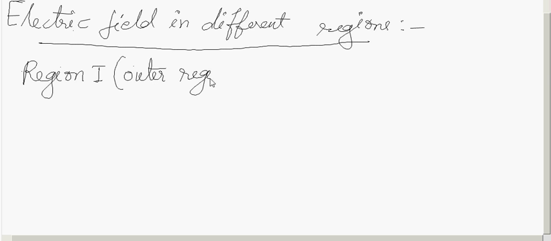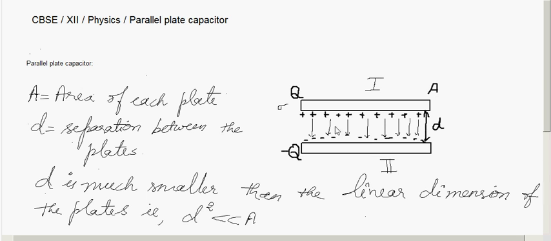In region 1, there are two equal and opposite fields. The field due to the positive plate is going away from it, and it is sigma by 2 epsilon naught. There is another field which is towards the negative charge, so due to the negative plate it is in the opposite direction, sigma by 2 epsilon naught.